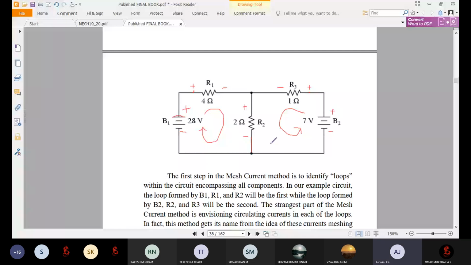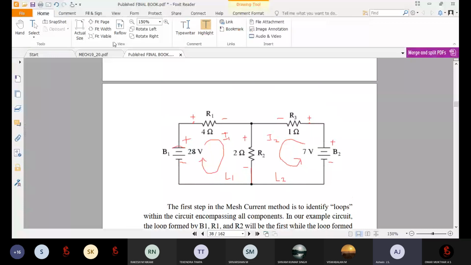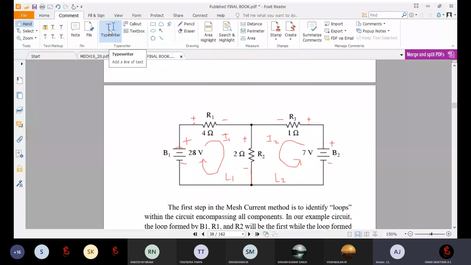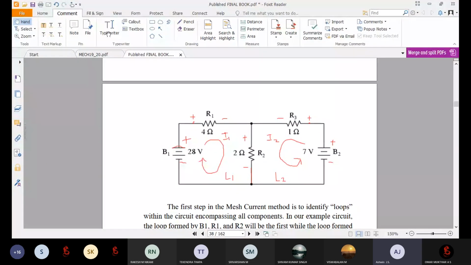This is based on assumption. I am going to mention this current component as I2, and here this is I1. Is it clear, guys? It is just an assumption. And this is loop 2, L2, and this is L1. All of you clear? Yes, sir.